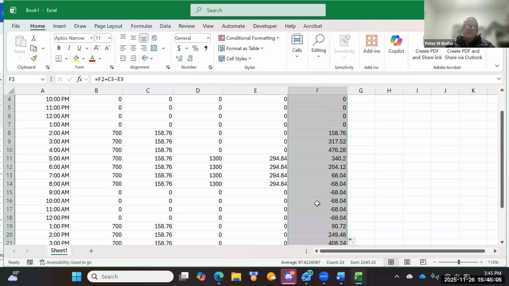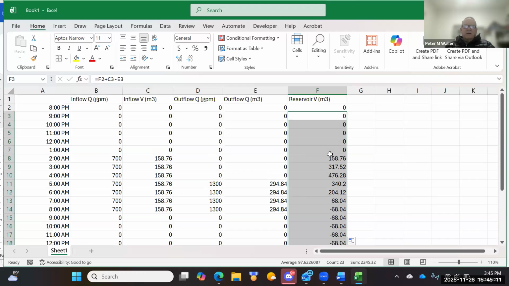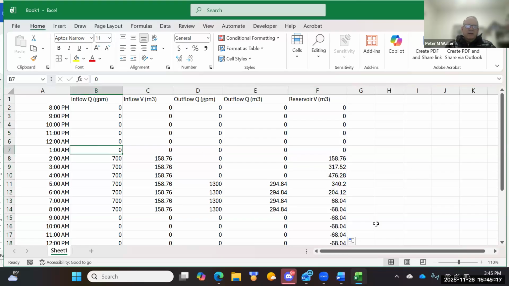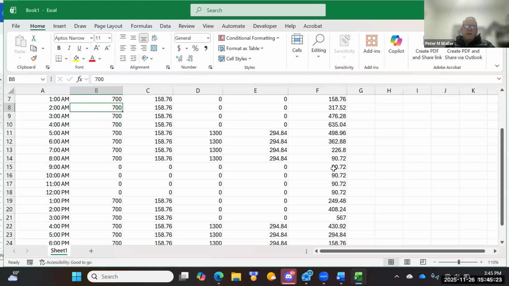And notice I have negative 68 here. So it looks like I needed to start my well pump 1 hour earlier, like 1 a.m. Okay, now I'm at 90.